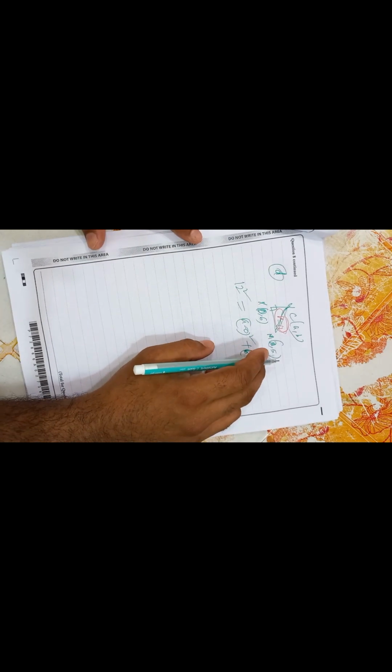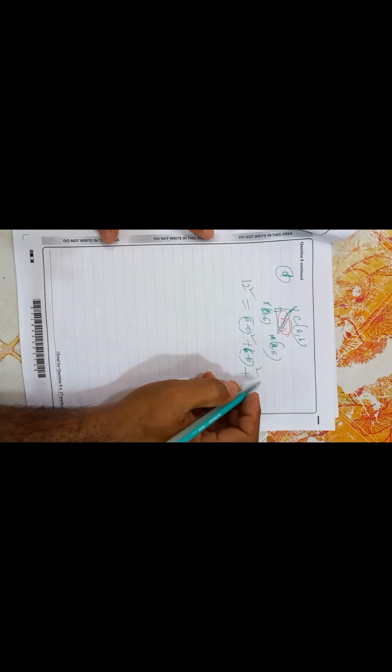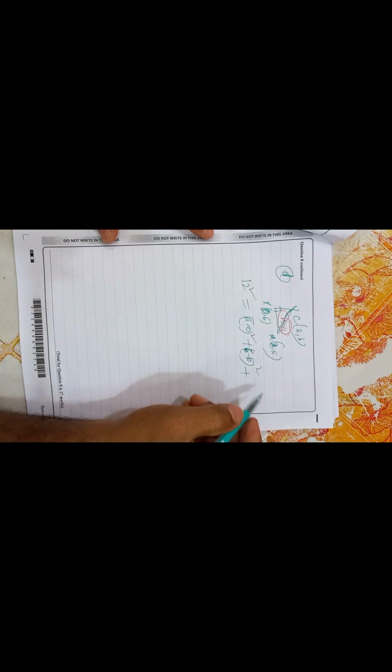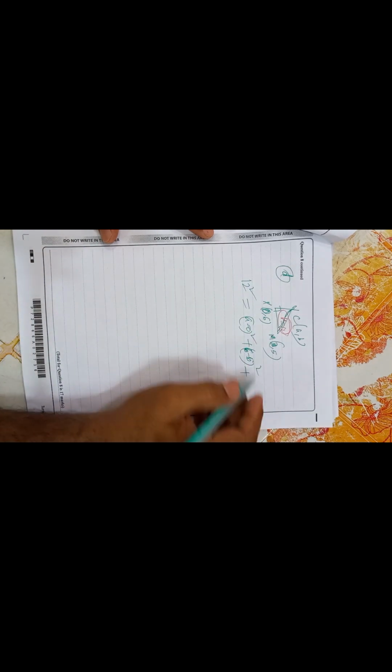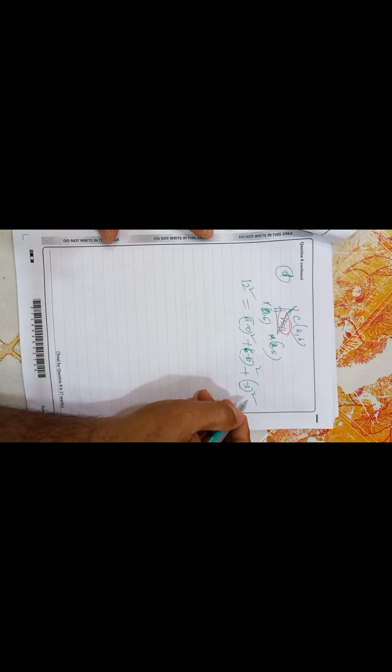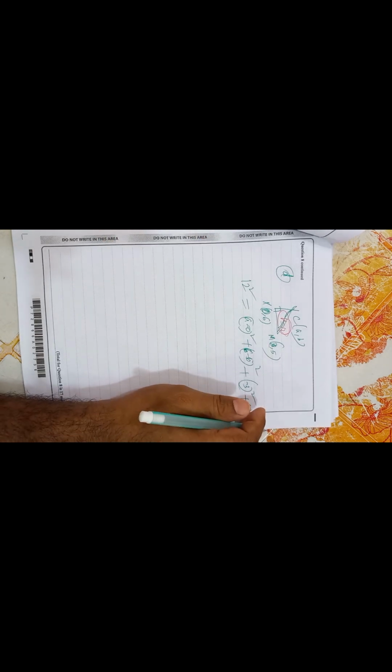Pythagoras theorem: hypotenuse squared equals opposite squared plus adjacent squared. Now adjacent is 0 minus 3, that is minus 3 squared, plus 6 minus 5, that is 1 squared.